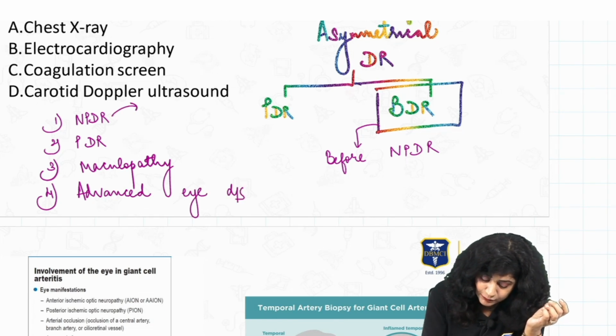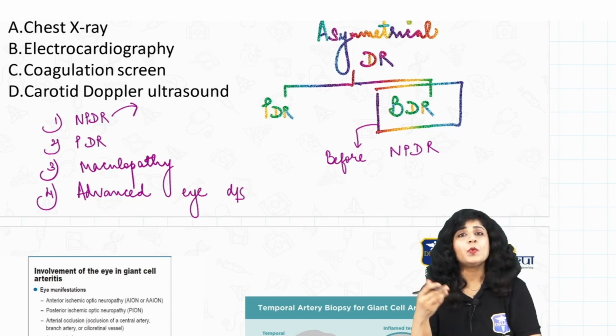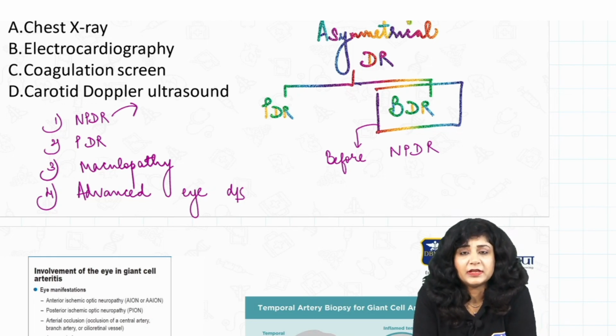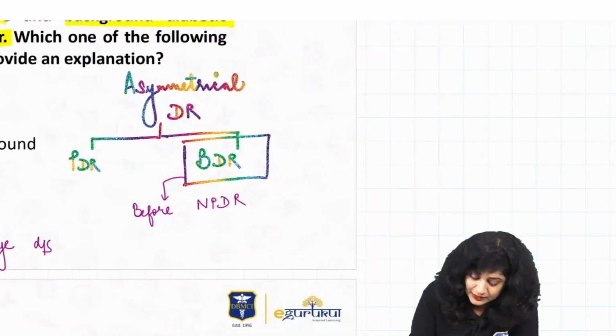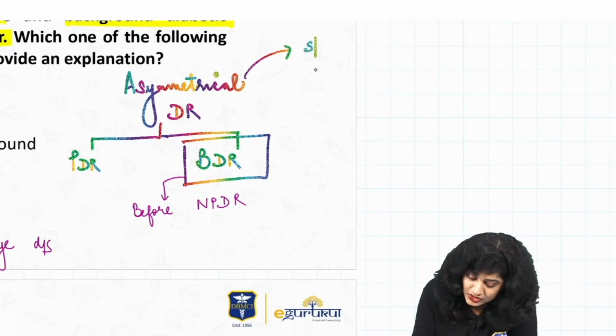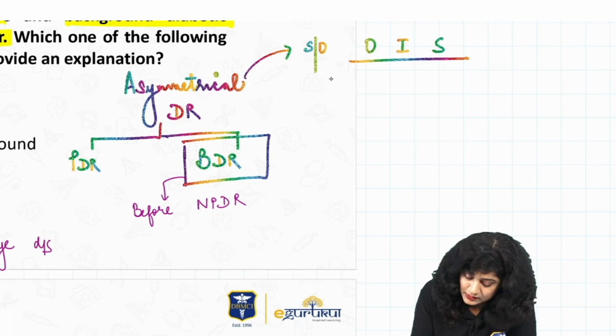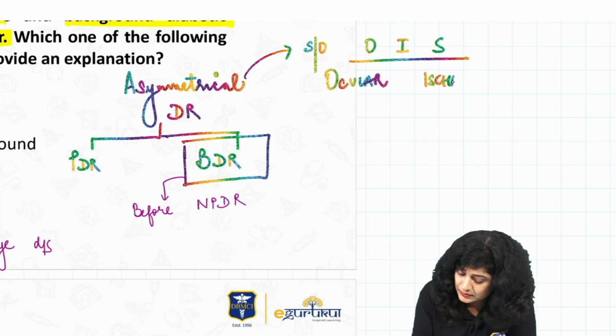Now even before this NPDR we can have the background diabetic retinopathy. So this patient is having asymmetrical diabetic retinopathy, and this is very much suggestive of the ocular ischemic syndrome. This is called the ocular ischemic syndrome, right?